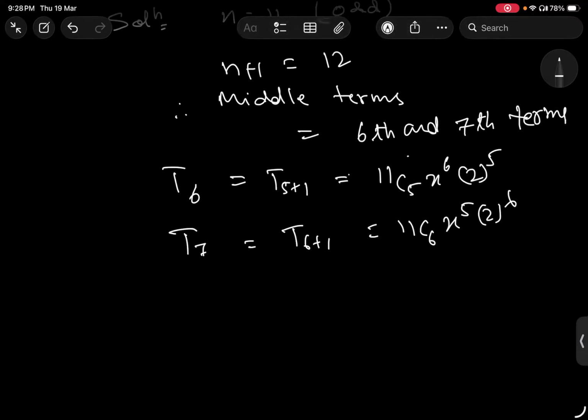So these were the basic concepts of the binomial theorem.